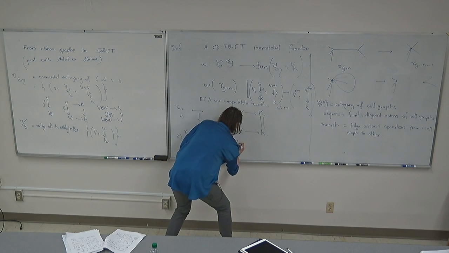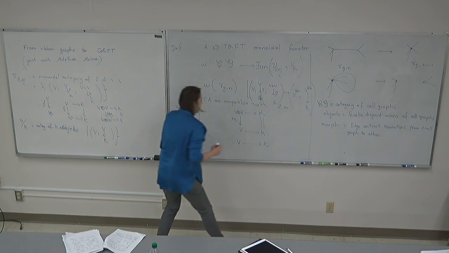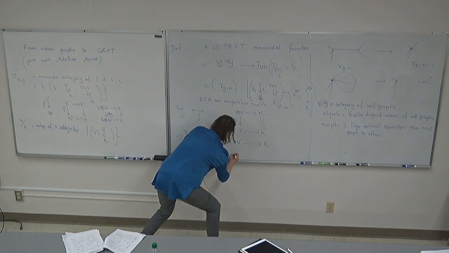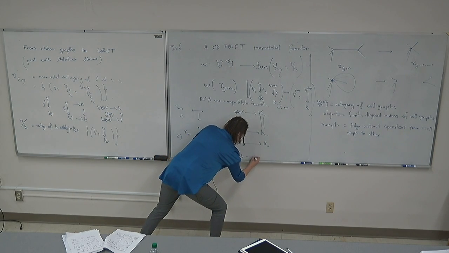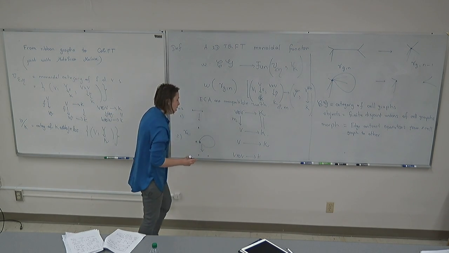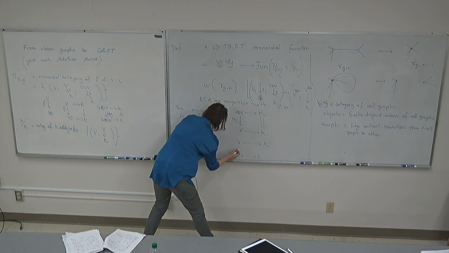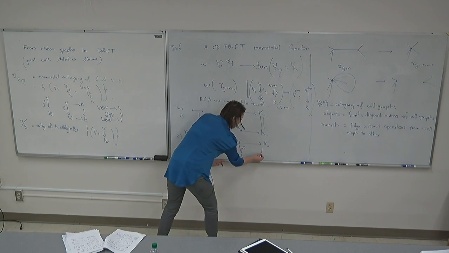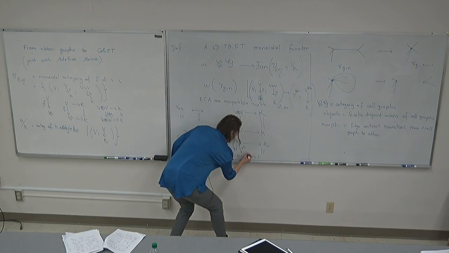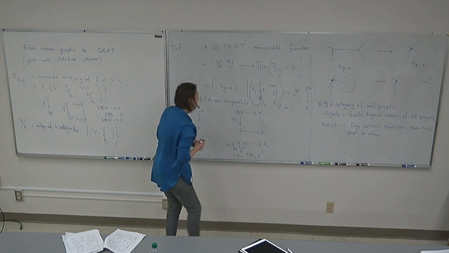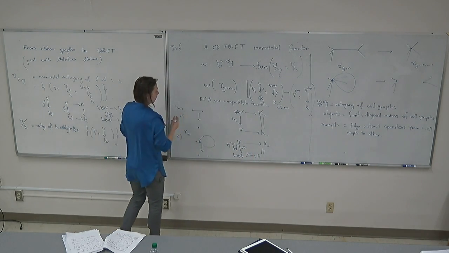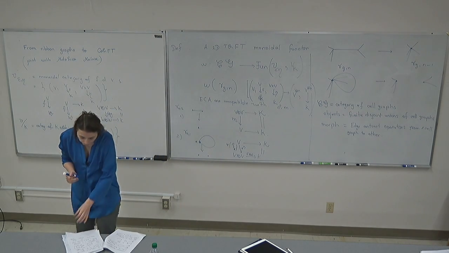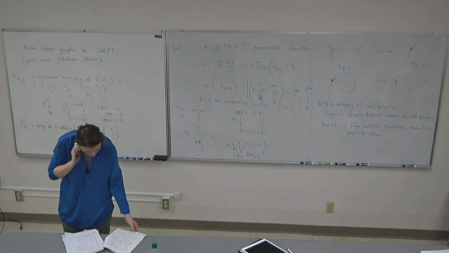So the loop is going to give me an assignment from V to K, and these 2 distinct points will give me an assignment from V tensor V to K. I'm going to ask here that this is given by the co-multiplication, and this by this. And then it can be generalized to any graphs.